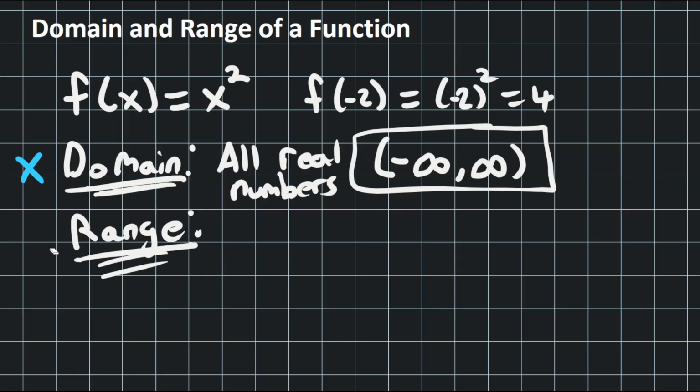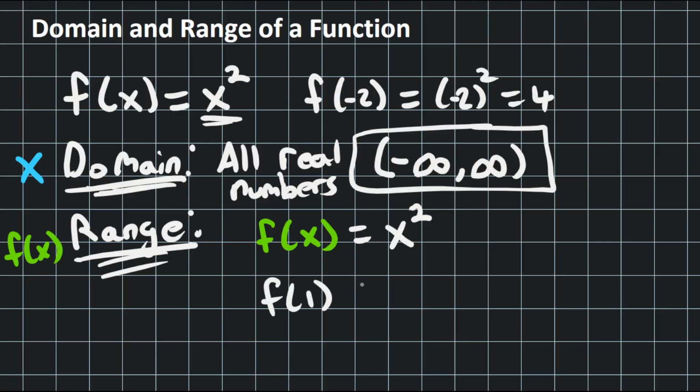Now, what did we say f of x equals? F of x equals x squared. So if we just try a few numbers, let's try f of 1, f of negative 1, f of negative 2. Let's just try these three inputs.